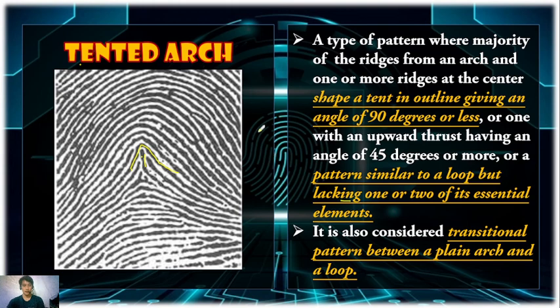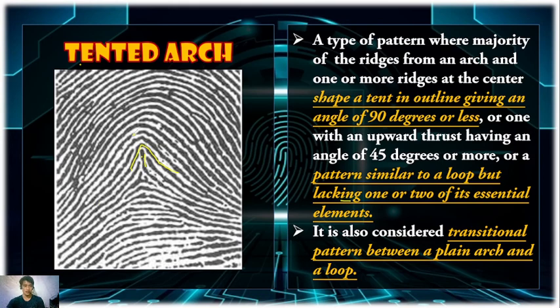Kaya nasabi ko kanina, kapag hindi yan mag-fall into the elements of the loop, then that could be a tented arch. It is also considered a transitional pattern between plain arch and a loop, because it has an arch formation, but it has an upward thrust, or it has a tent.